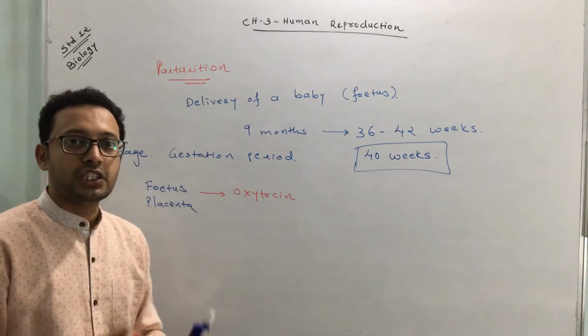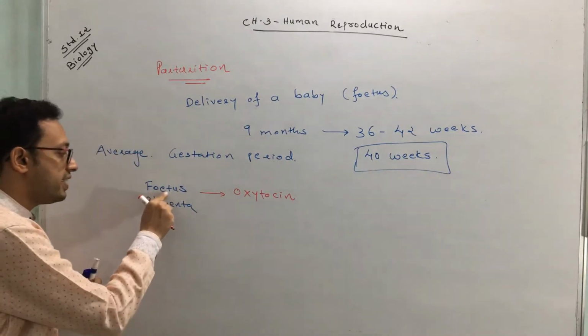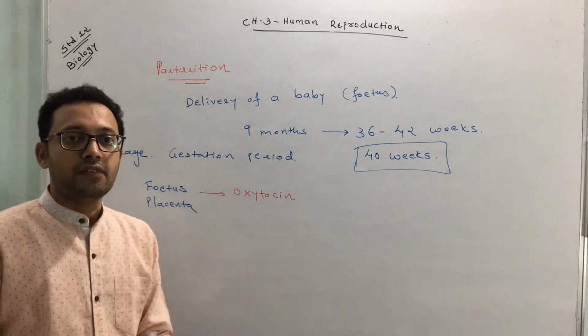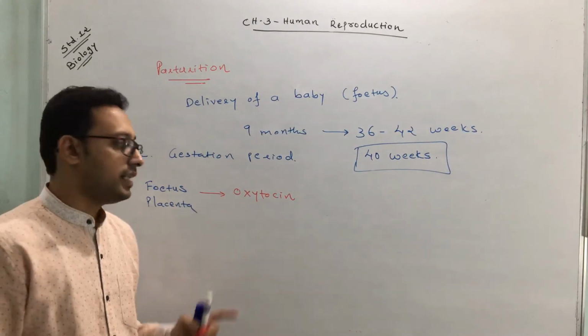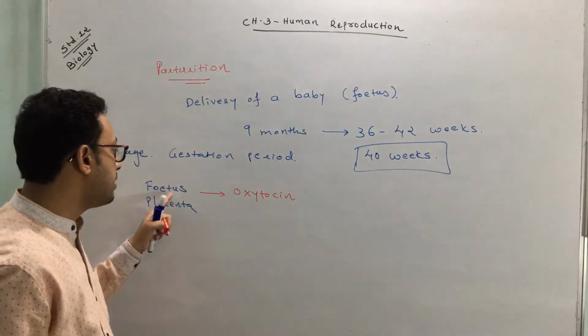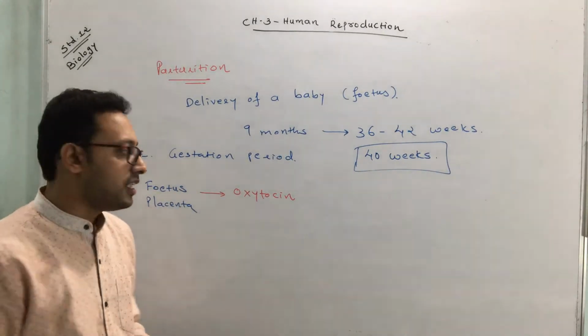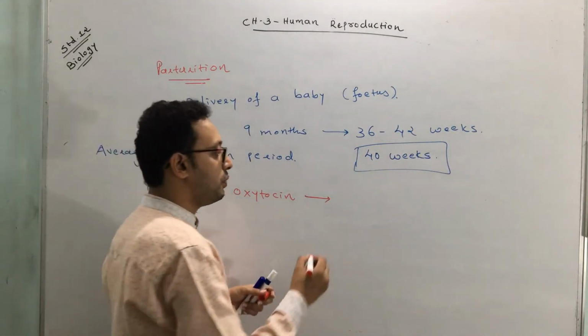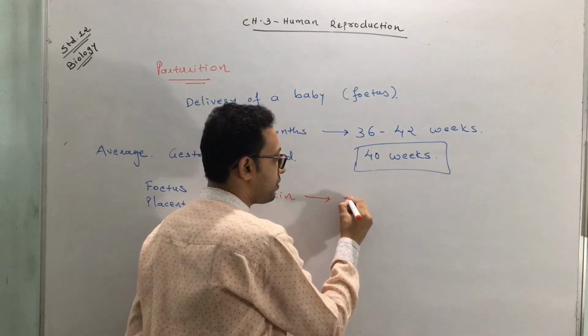The oxytocin is secreted by the fetus and the placenta. When does it occur? When there is an end of the full gestation period. At that time, this oxytocin is secreted by the fetus and the placenta. Now you know the function of oxytocin. You have learned that it is responsible for contraction of the uterus.